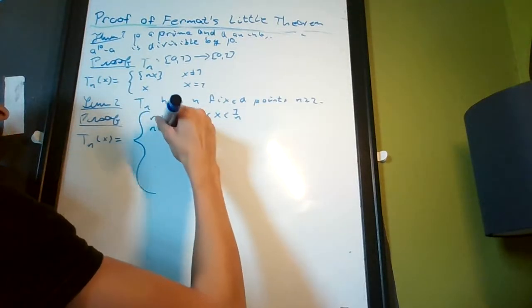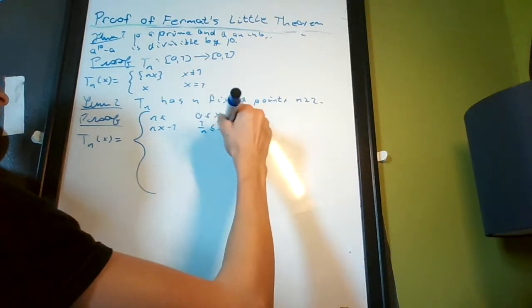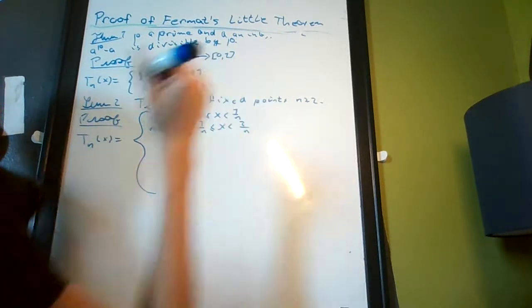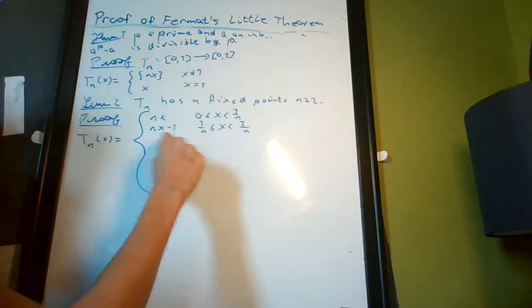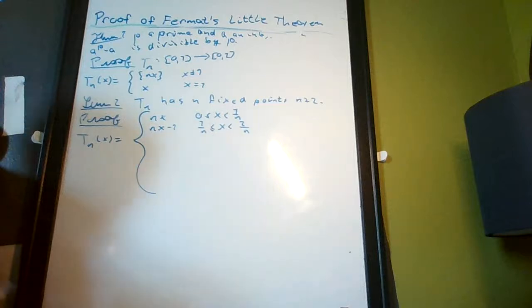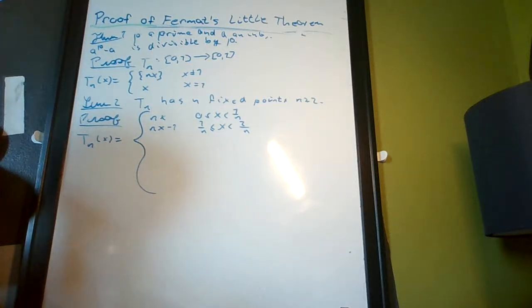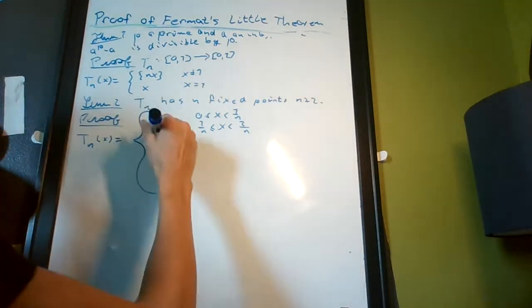Otherwise, it's going to be nx minus 1 for x between 1 over n and 2 over n, because if you multiply any of these in this interval by n, you get something between 1 and 2, which will have fractional part minus 1, because the floor function is going to be 1 for those.